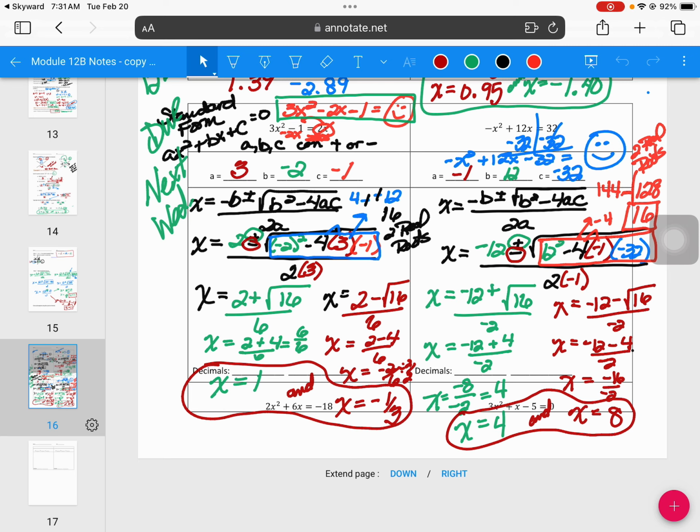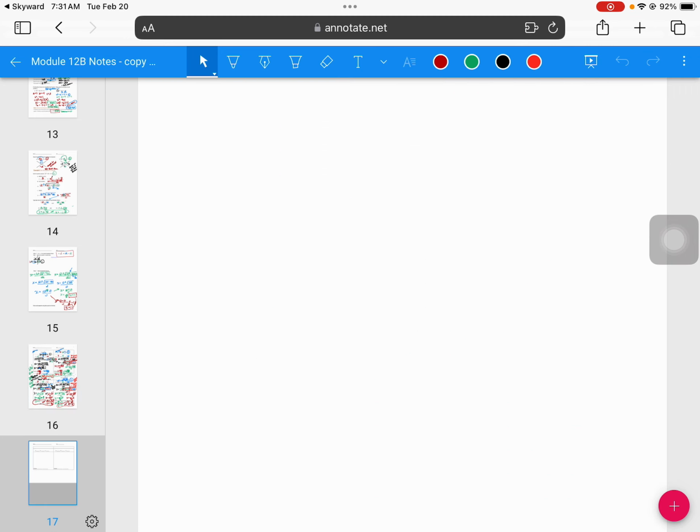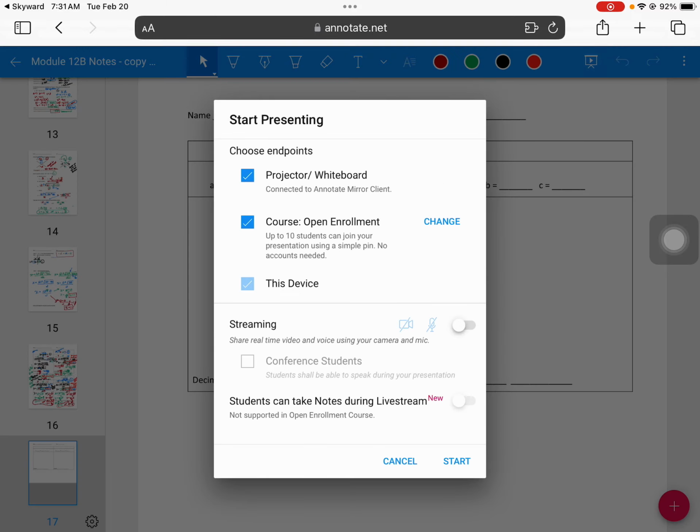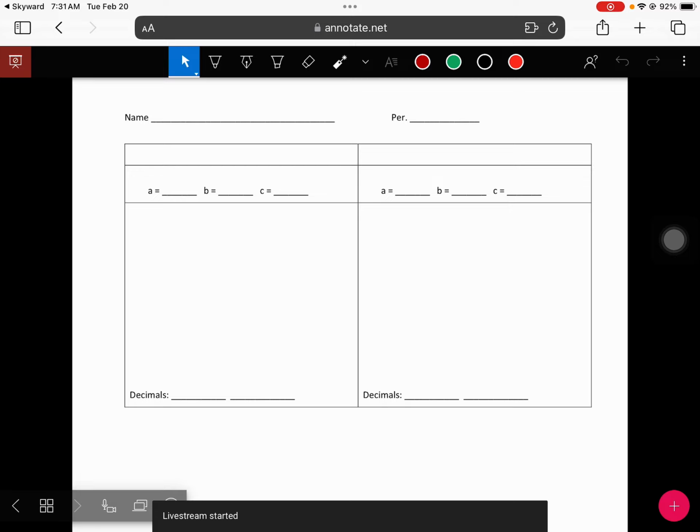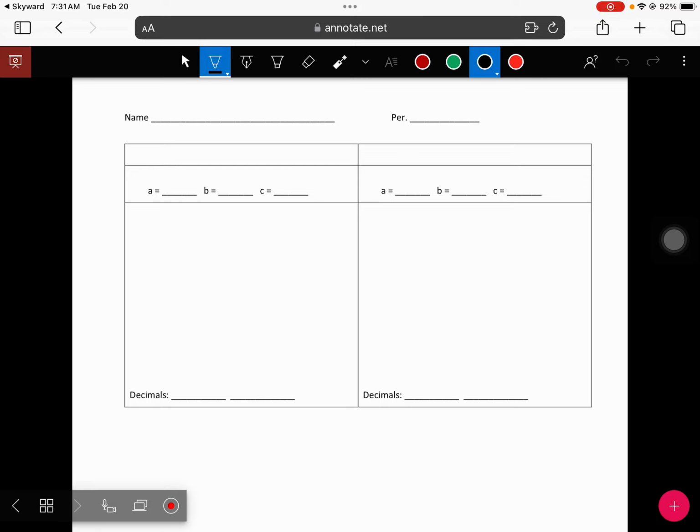So 2x squared plus 6x equals negative 18. Of course, it is not at the top of my page, so let me repeat that. 2x squared, what is it again? I forgot already. Equals negative 18.